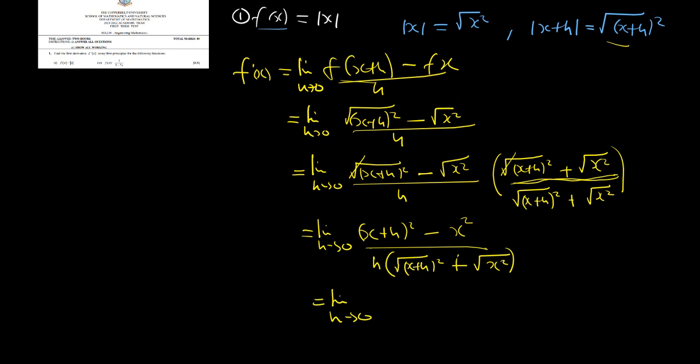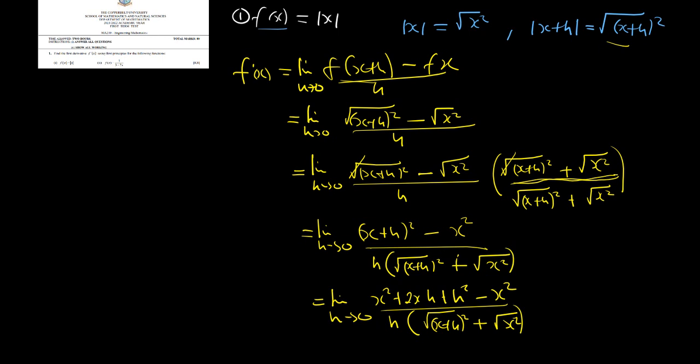So there once you expand on top there, it will be x squared plus 2xh plus h squared minus x squared, then over, alright, so remember, there's h down there, open bracket, then root of x plus h squared like that plus root of x squared like that.